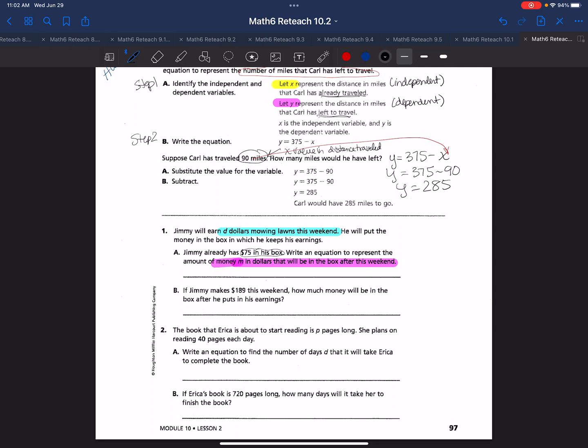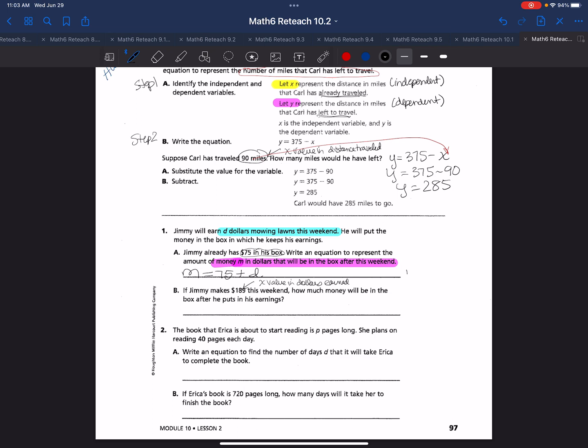So we know that we will have money equals the $75 he already has in plus the D dollars he has for mowing this weekend. If Jimmy makes $189 this weekend, how much money will be in the box after he puts in his earnings? This is what he earns here, and that's going to be our X value in dollars earned.